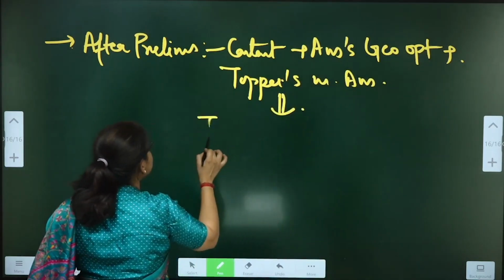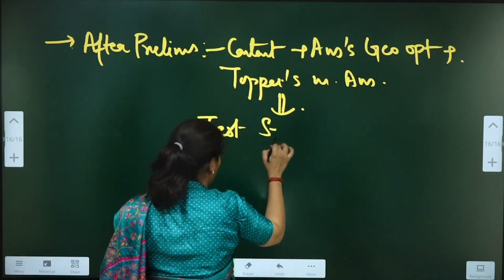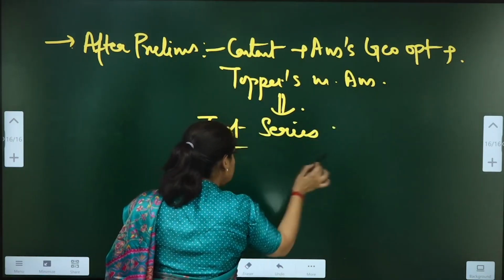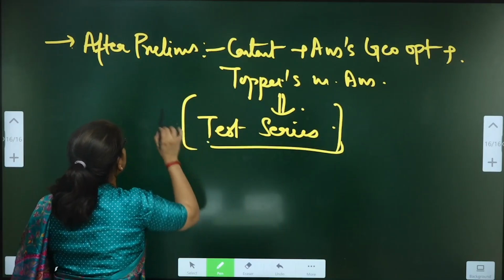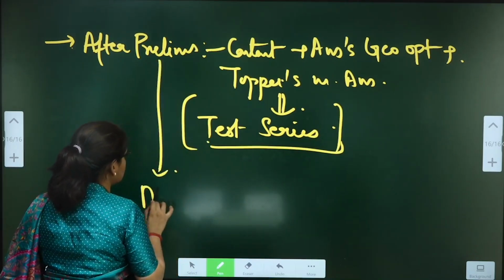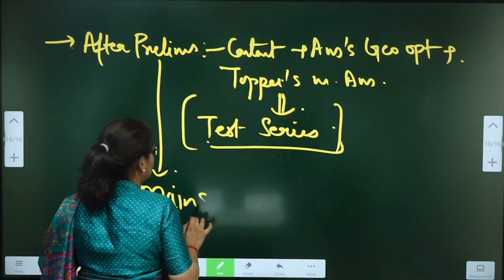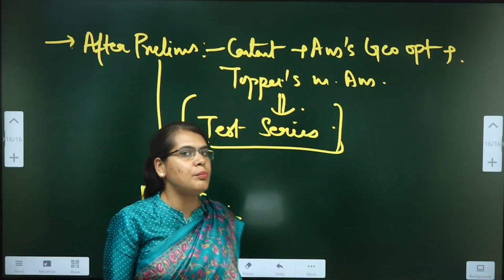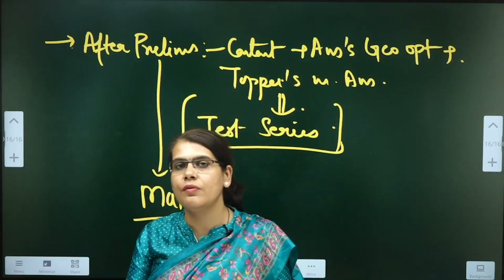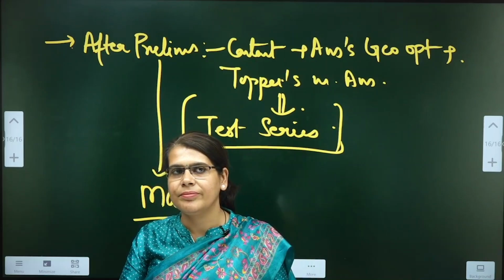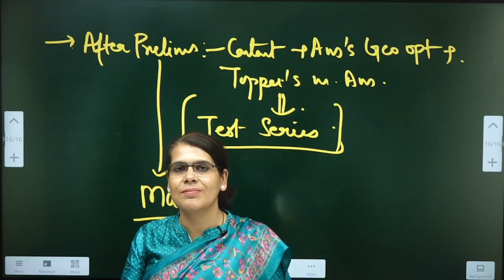Now you can diligently attempt the test series. That is between the time period of prelims till mains. That is the importance of covering geography optional 1 year priorly. I hope you are clear with this.